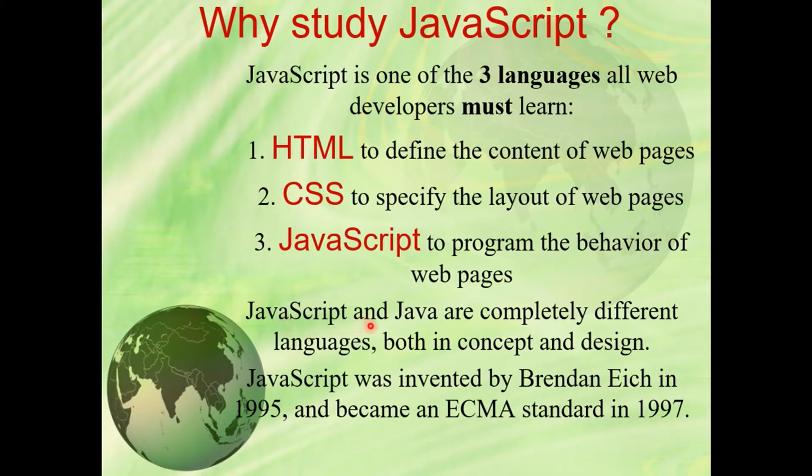JavaScript and Java are completely different languages, both in concept and design. JavaScript is a web development language, whereas Java is a programming language, used to develop software and software applications.